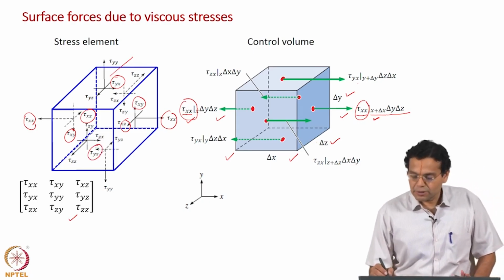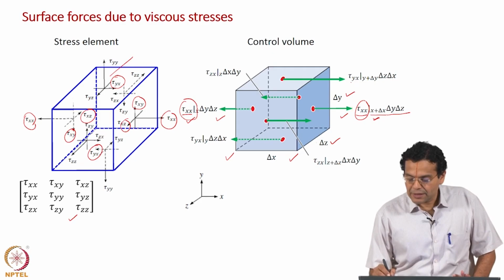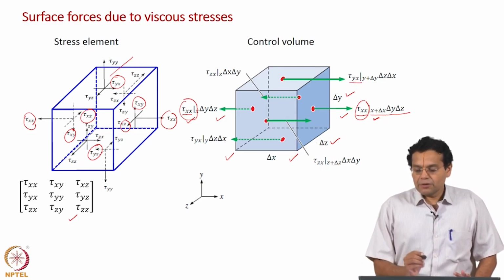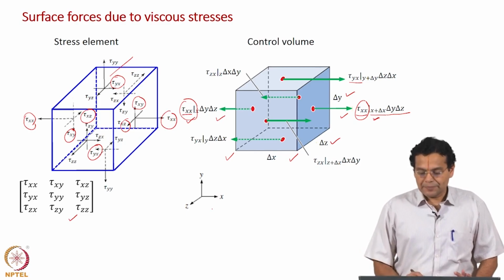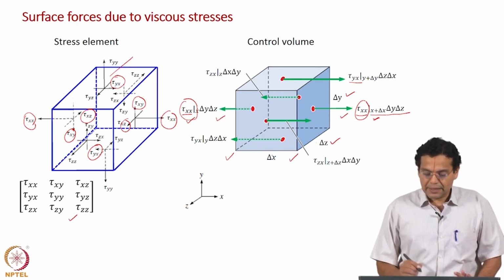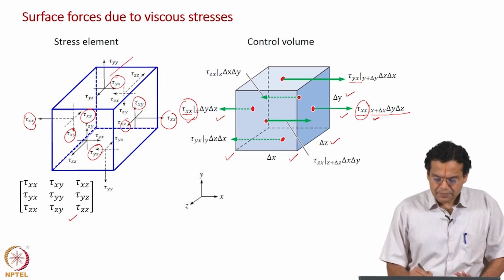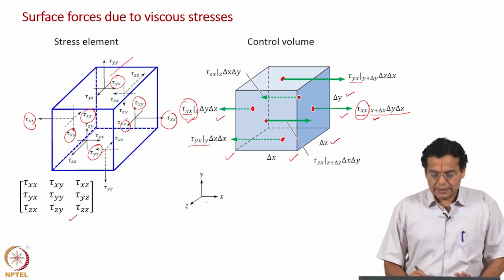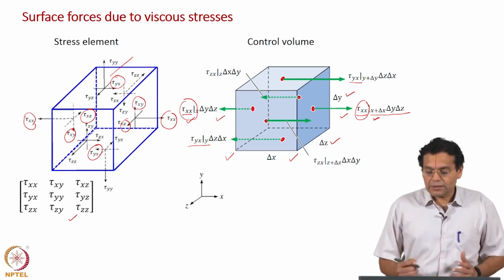Now, that is what is shown here. On the top face, we have tau yx, and because it is a positive face, force is along the positive x axis, and on the negative y face, force is shown along the negative x axis. Now, what is the difference?